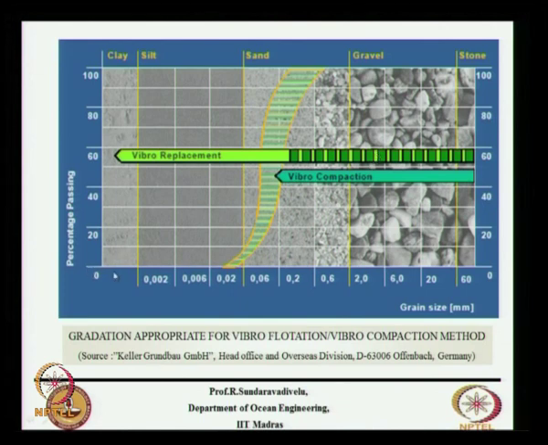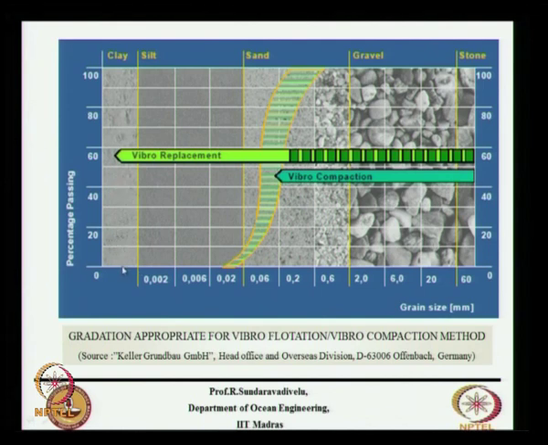What is given on this x axis at the bottom is the grain size. Grain size means the particle size of the material. So, this particle size is 6 millimeters, this is 20 millimeters, this is 60 millimeters. Here the particle size is 0.002 millimeters, here it will be less than 0.002.